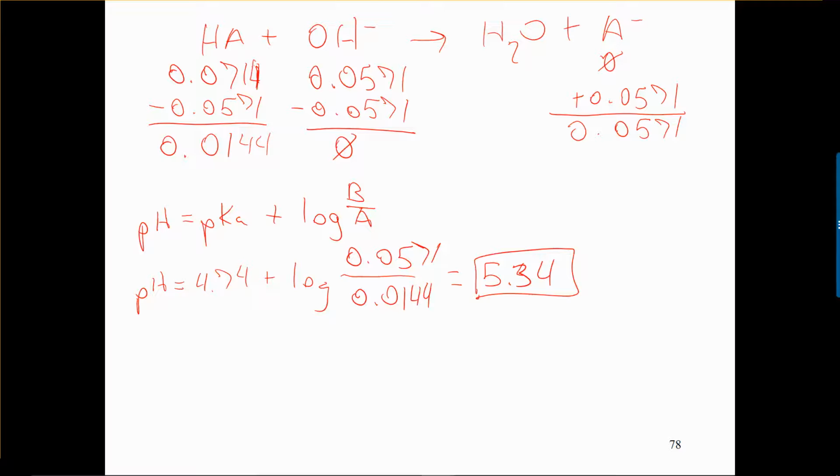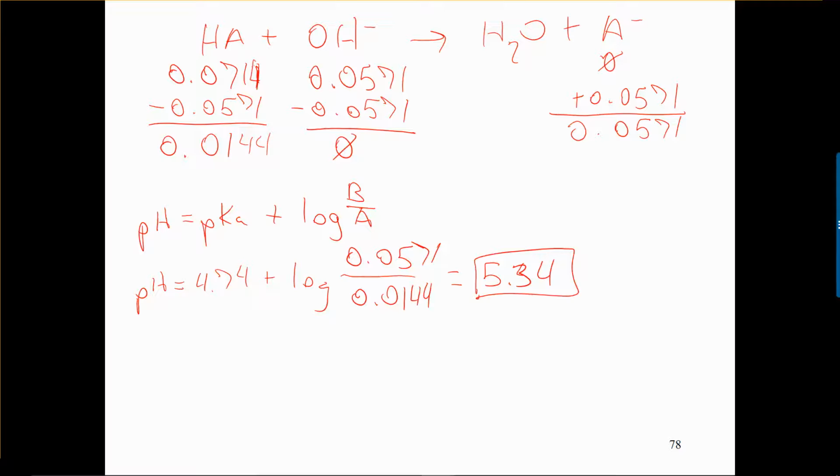So here it gets added to the pKa, here it gets subtracted from the pKa because of the ratio. If I take 0.033 divided by 0.05 and then take the log of it, I'll get a negative number. If I take 0.0571 divided by 0.0144 and take the log of that ratio, it's going to give me a positive number. So don't forget the log right here.